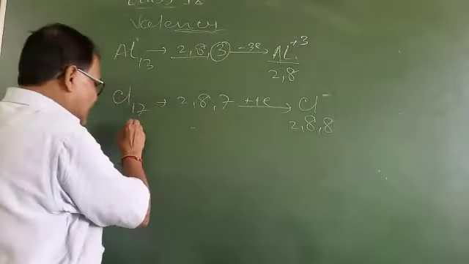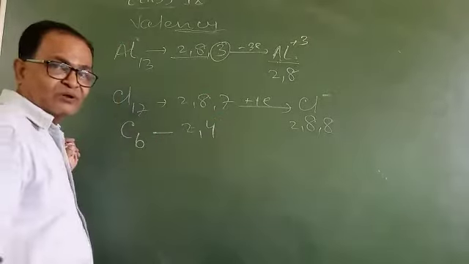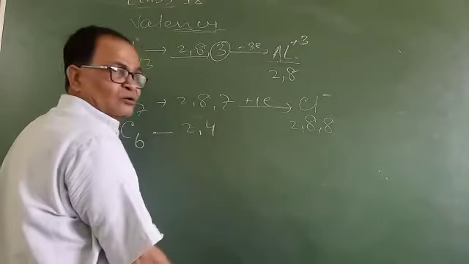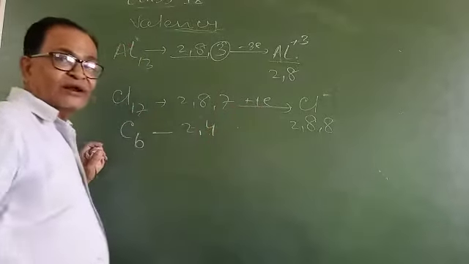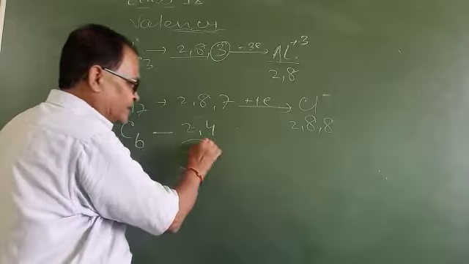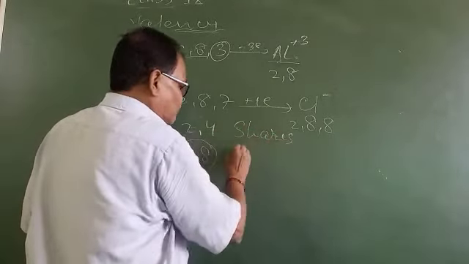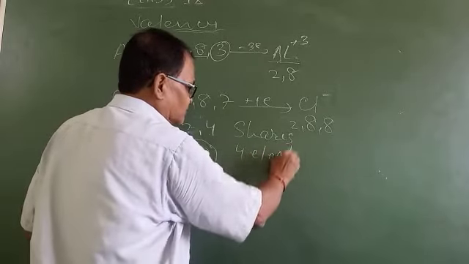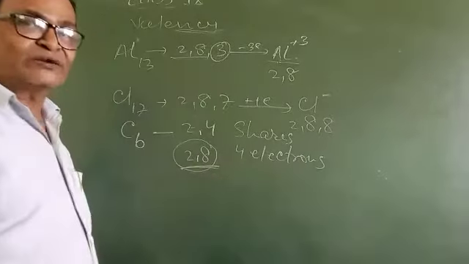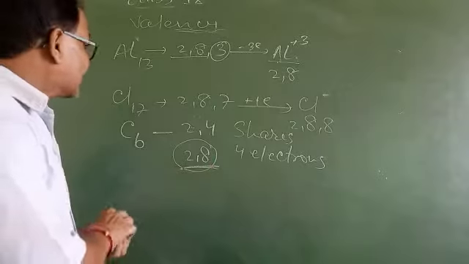For example, carbon 6 has electronic arrangement 2 and 4. Here the carbon atom cannot lose or gain 4 electrons to acquire the structure of 2 and 8. So it shares 4 electrons to get the stable structure of neon, 2 and 8.